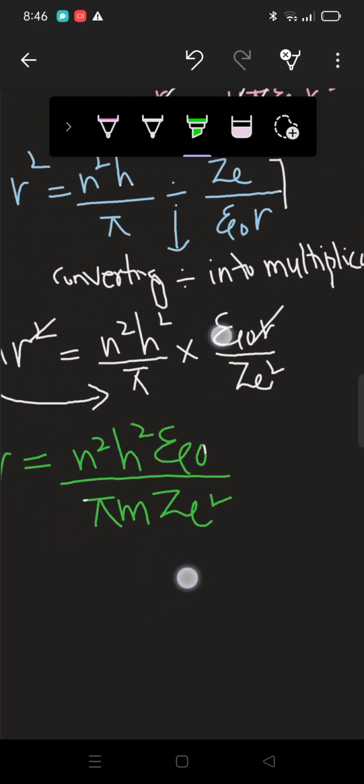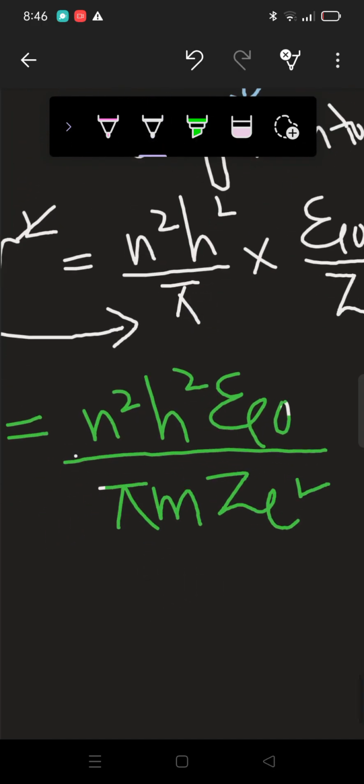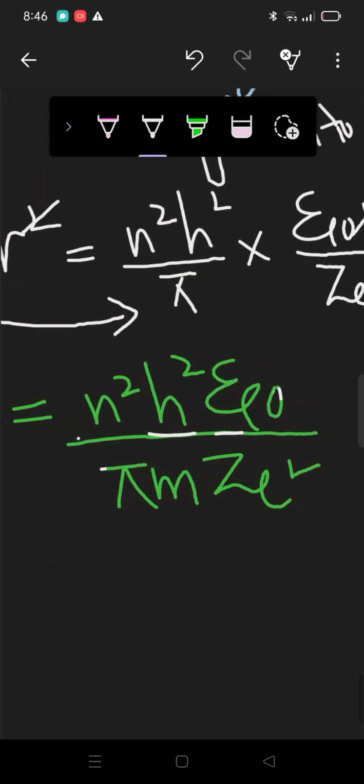Now see which terms are constant here. We have n square, not a constant, because the shell number will change. h square is constant, which is equal to 6.25 into 10 to the power minus 34 joule second. Epsilon naught is constant here, whose value is equal to 8.85 into 10 to the power minus 12. Pi is constant, whose value is 3.142.